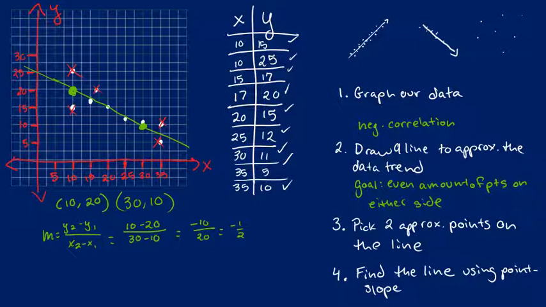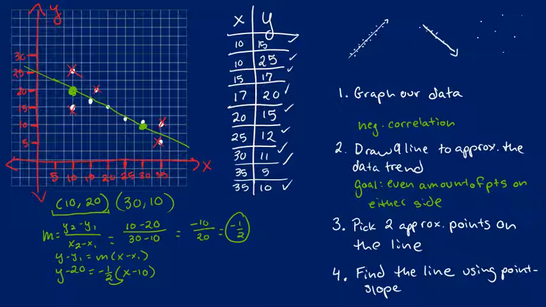Now I have a slope, and I'll use this point in y minus y1 equals m times x minus x1. That is our point slope formula. Plugging in negative 1/2 for my slope with x minus 10.